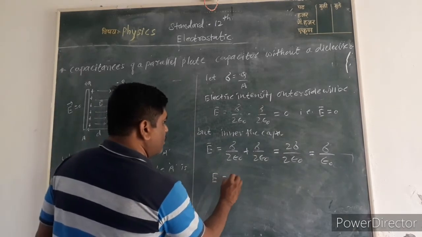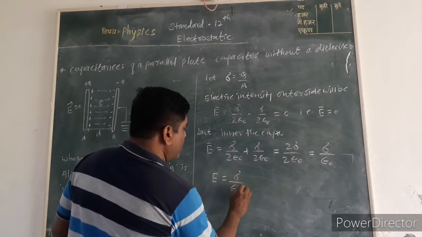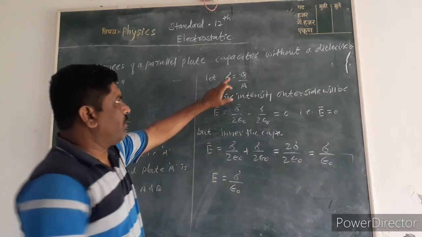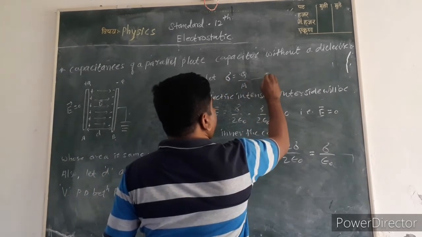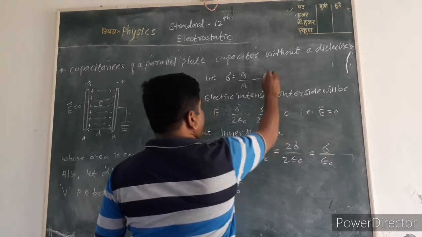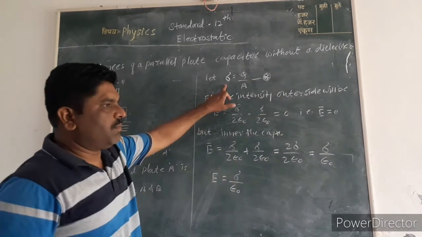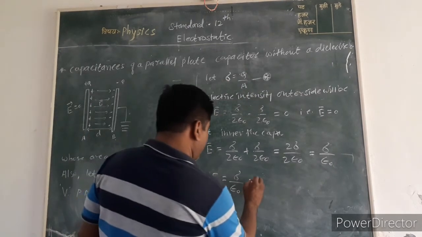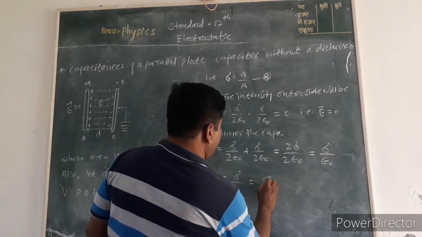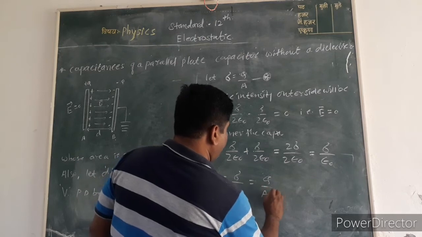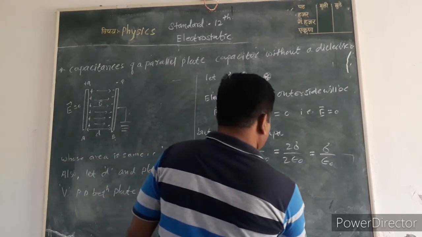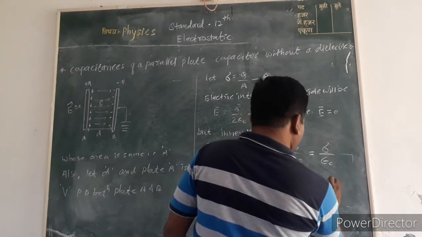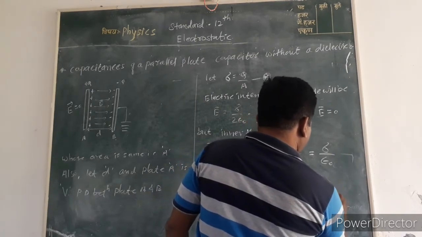E is equal to sigma upon epsilon 0. Using this equation, the value of sigma is charge per unit area, therefore Q upon A, so E is equal to Q upon A epsilon 0.